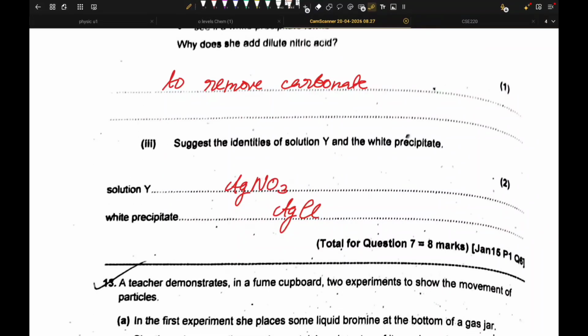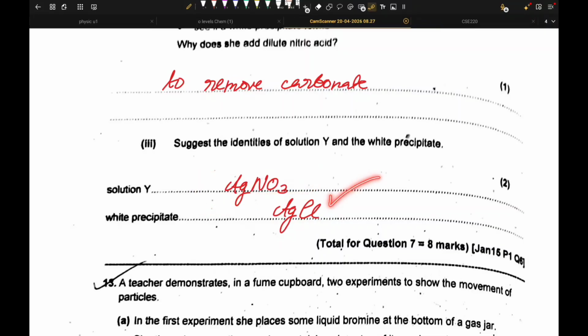But if we use HCl over there, we will be adding chloride ions from outside. So that is the reason we are not using HCl in this equation, or else we could have. Now, the solution Y has to be silver nitrate.